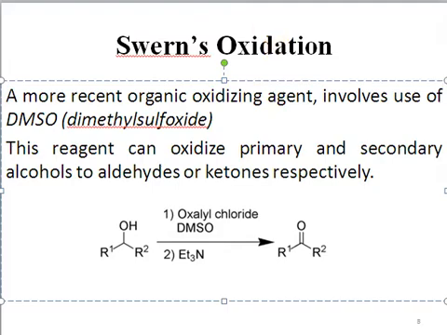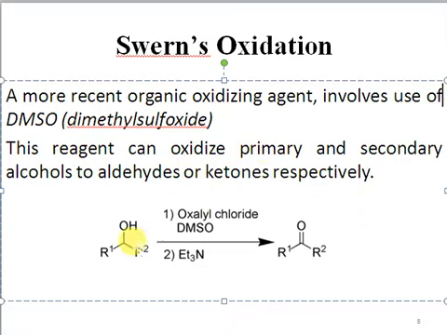So this reagent is basically based on DMSO, and it can oxidize the primary alcohols as well as secondary alcohols to aldehyde and ketones. There is no conversion of primary alcohol to carboxylic acid, right?